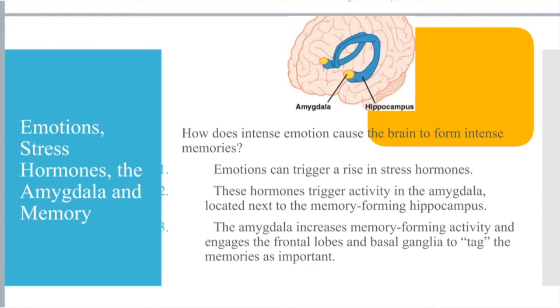So if that amygdala is going off, the hippocampus is going to be more readily able to do its job, and it's going to be kind of on high alert, if that makes sense. So anyway, we know the amygdala increases memory-forming activity and engages the frontal lobes and the basal ganglia to tag the memories as important.